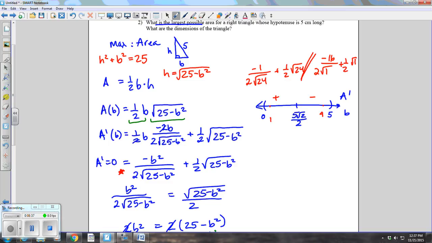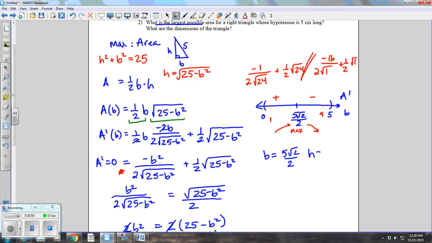So just like the prior problem, we actually have a increasing to decreasing, and so this critical value is a max, which is nice because that's what we wanted to do. We wanted to maximize our area. All right, so we've confirmed that the b value of 5 root 2 over 2.